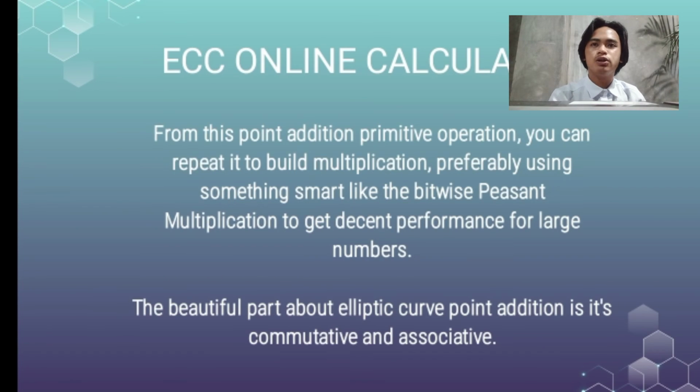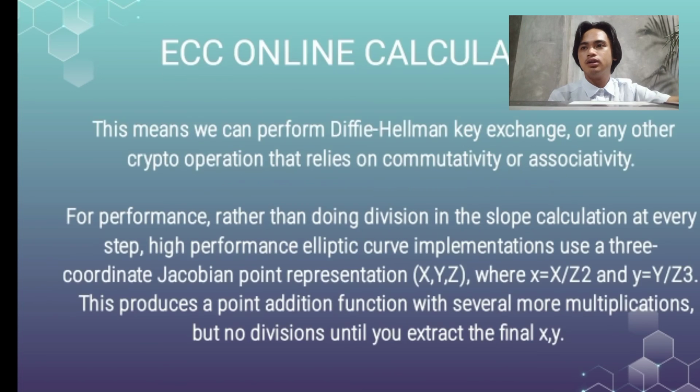From this point addition primitive operation, you can repeat it to build multiplication, preferably using something smart like the bitwise peasant multiplication to get decent performance for large numbers. The beautiful part about elliptic curve point addition is it's commutative and associative. This means we can perform Diffie-Hellman key exchange or any other crypto operation that relies on commutativity or associativity.